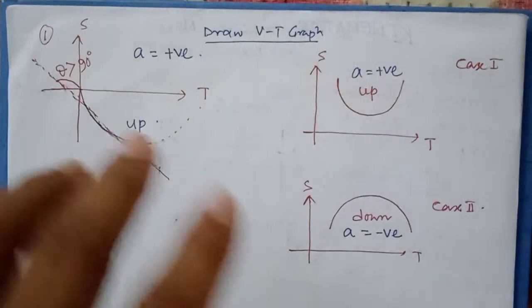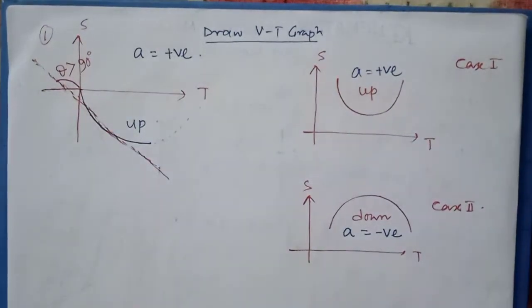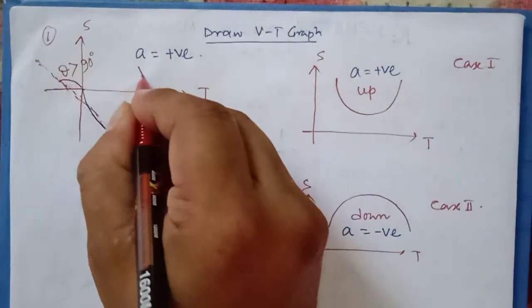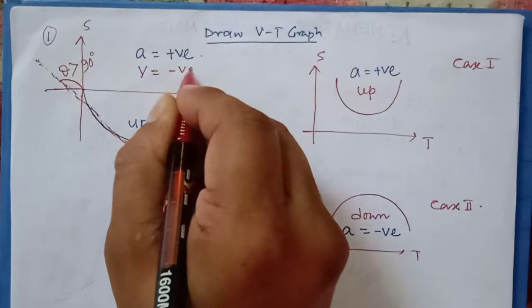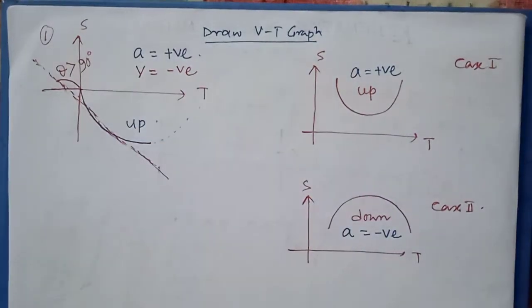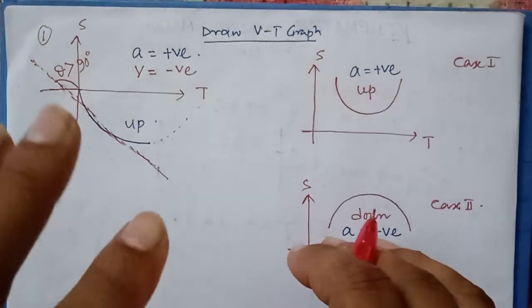And students, for an obtuse angle, is velocity positive or negative? Velocity is negative. And now the trick.